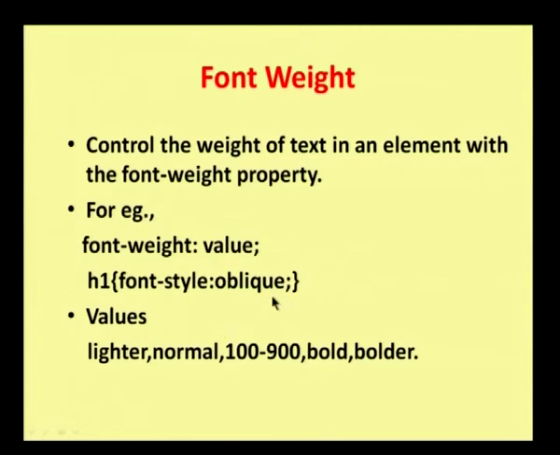Not only oblique is one value we can give for font weight, we have a number of values like lighter, normal, an integer value from 100 to 900, bold and bolder. These are all the values used for this heading. So font weight represents the weight of the text when it is displayed.